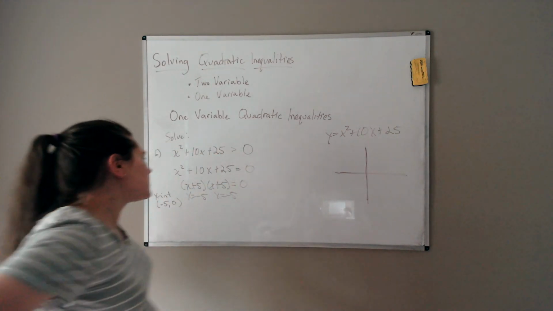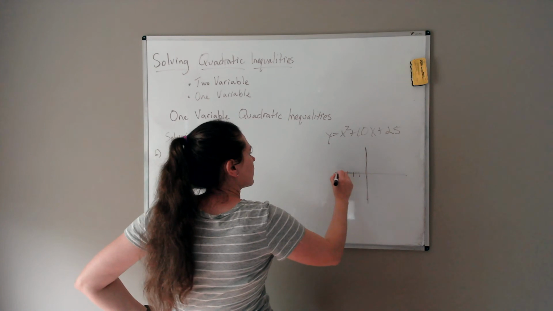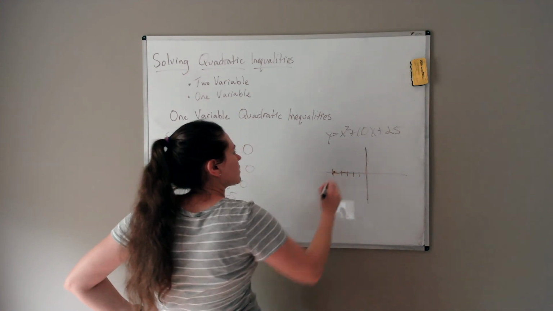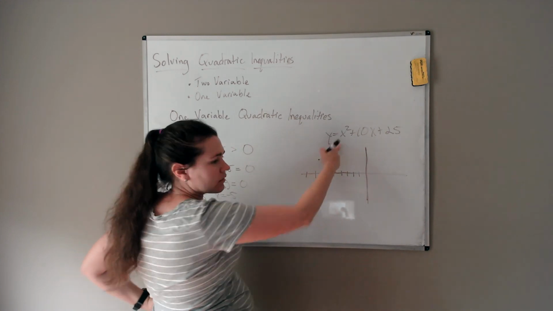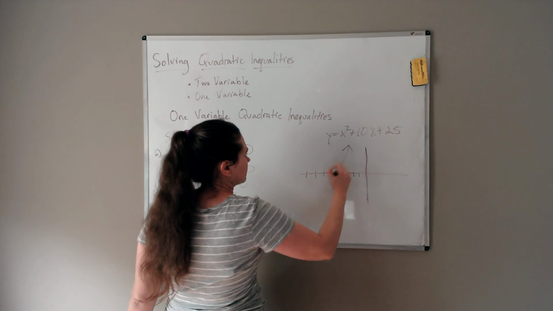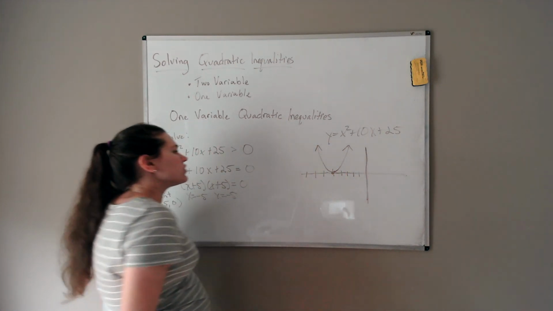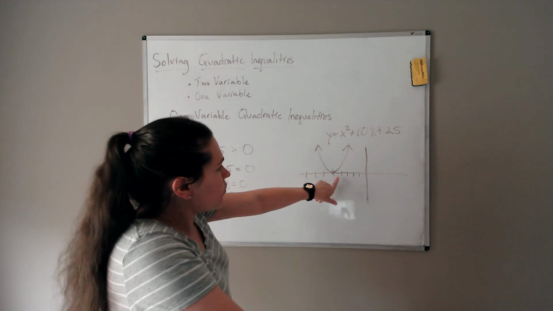And so is this a u facing up? It's at -5. Is this a u facing up or a u facing down? Well, a is 1, a is greater than 0, so this is a u facing up. So, in this case, this is a special case. We only have one x-intercept.